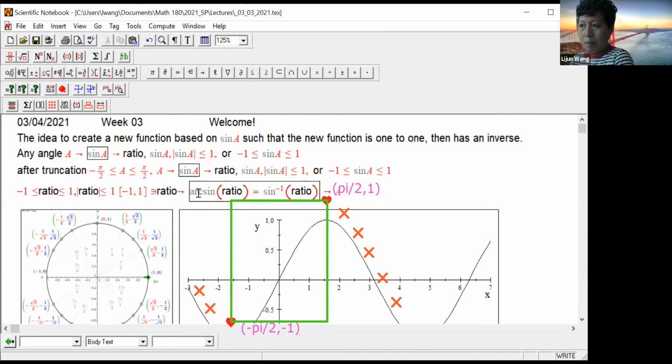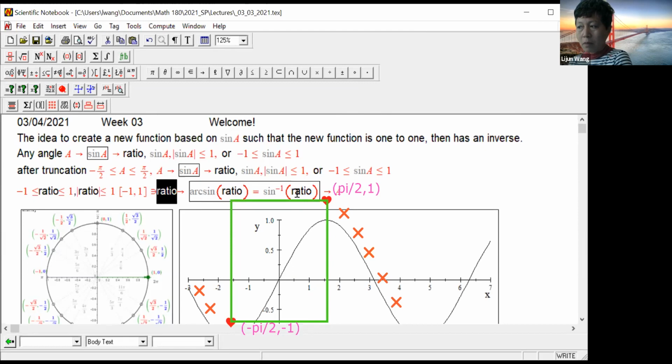The input for arcsine is going to be a ratio. The ratio is going to be between negative 1 and 1. Sometimes the ratio will be replaced by x, and that kind of ratio will be the input for arcsine or sine inverse. These two notations are used interchangeably.